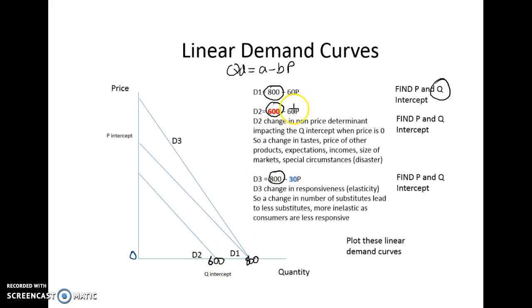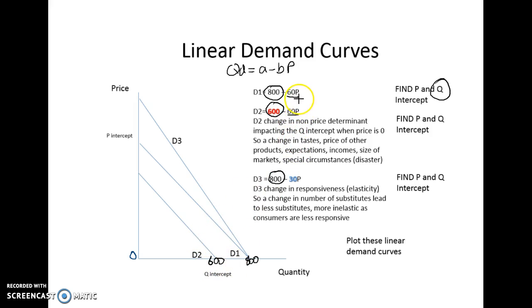Okay. So if demand changes at each and every price, so a non-price determinant of demand changes, that's going to change where the q-intercept is. If b stays the same, but the a variable reduces to 600, demand is going to shift to the left. Something's become unfashionable or untrendy, so demand has shifted at each and every price, which changes the a variable and the q-intercept.